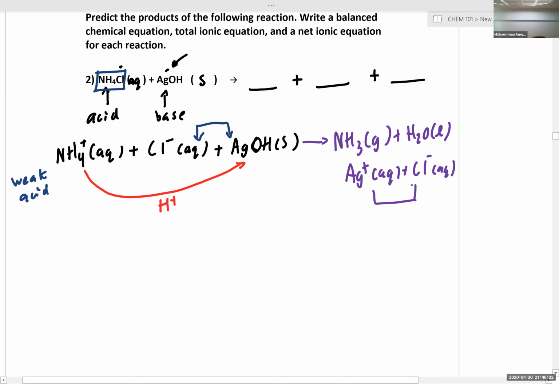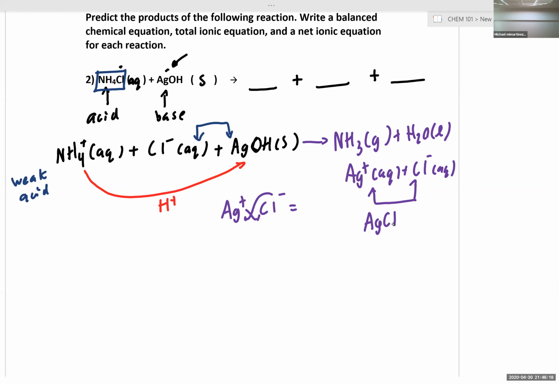Now, if we pair our silver plus and chloride, crossing our charges, silver plus, Cl minus, that gives us silver chloride. My question to all of you is, is silver chloride soluble or insoluble? Do we put a solid, liquid, or gas symbol?